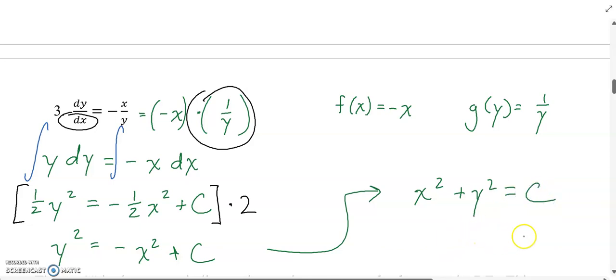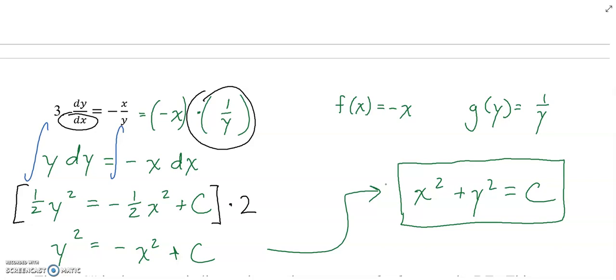And that is yet one more solution to this differential equation. Some might say this is the nicest form of the solution to this differential equation because of past experience and what we know that this set of equations looks like. More on that on the next video.